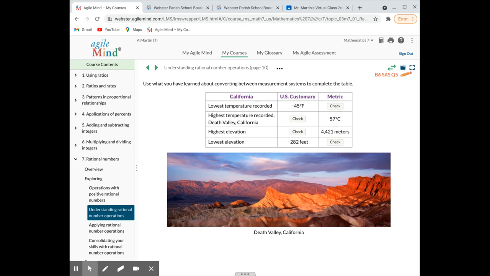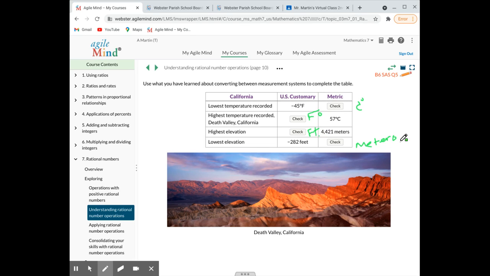And then the lowest elevation is given to us in feet, so we need to convert it to what? Meters. So we got meters, Celsius, Fahrenheit, and feet.